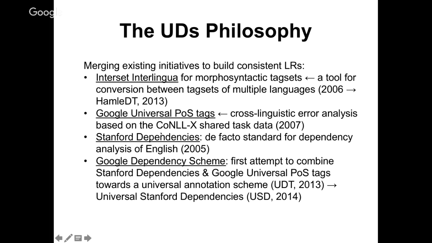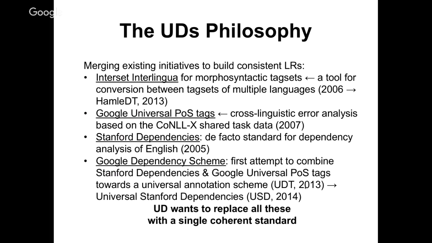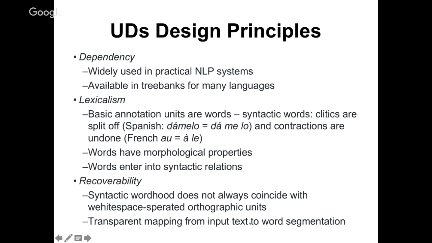So the syntactic analysis and the lemmatization, part-of-speech tagging, morphological analysis, towards a universal annotation scheme, which became the Universal Dependency Treebank in 2013. So basically, universal dependencies wants to replace all these standards, all these initiatives, and to exploit at best what they developed with a single coherent standard that today is universal dependencies.